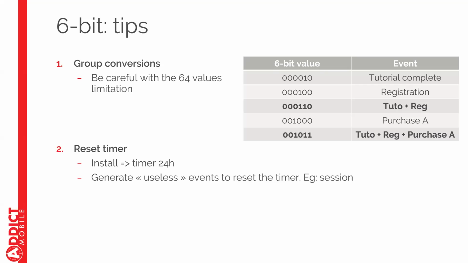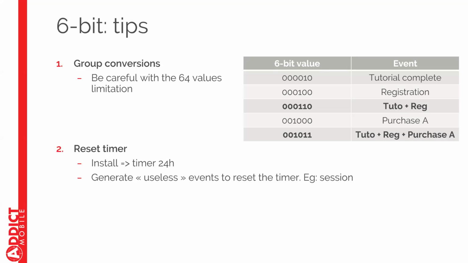Let's say a session, let's say opening the app, whatever action is often made by users, so that way you reset the timer and you go for an event that's not happening early in the user experience, maybe four days, five days after. Let's say seven days, especially for, I've heard that case a lot, a seven-day trial, but we really want to know if the user in the end is going to subscribe, going to pay.